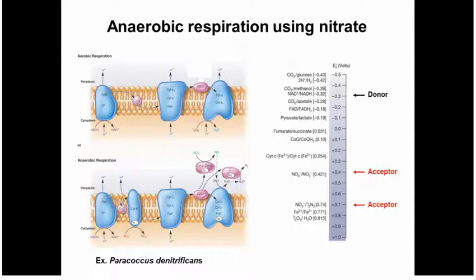So why is this possible? It's because of the redox potential of the donors. So in the beginning, all these electrons are on reduced NADH in the cytosol over here. So you've got a redox potential of -3 volts. For this half reaction here, nitrate to nitrite, the redox potential is +4 volts.